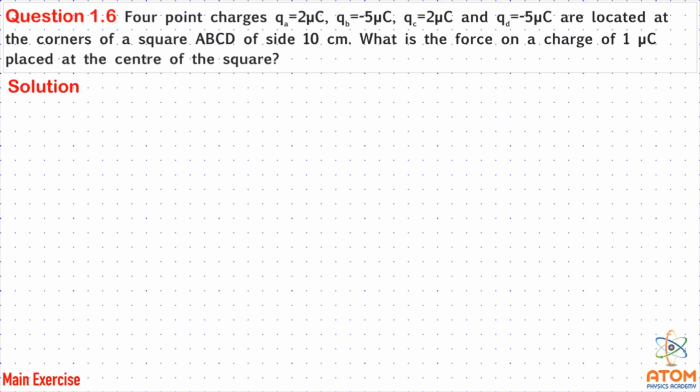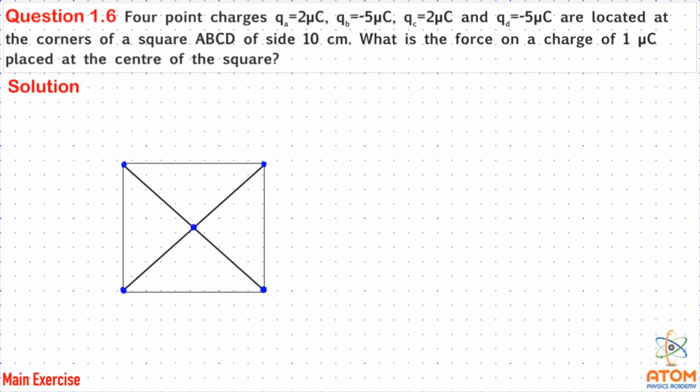So let us start from the square first. Here is the square I already drew. This is QA, let us say QB, QC, and this is let us say QD, and the charges are 2 microcoulomb, this is minus 5 microcoulomb, this is again 2 microcoulomb, and this is minus 5 microcoulomb.